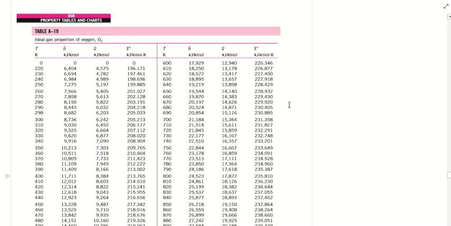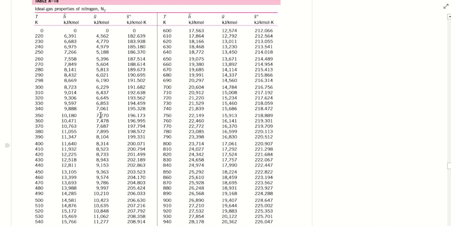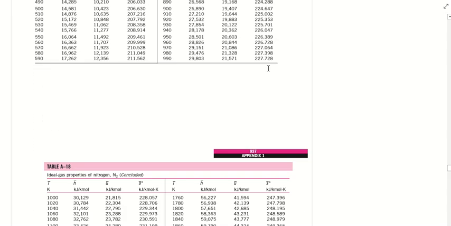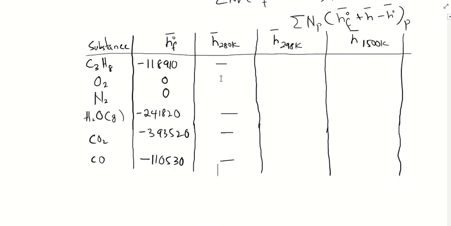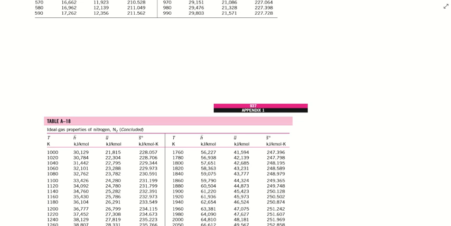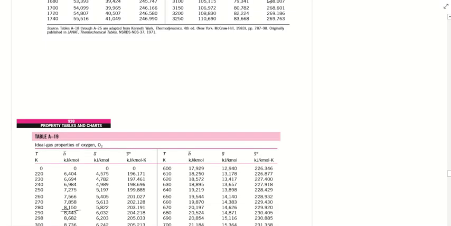This one is table A-19. So 280 Kelvin is 8150. And then for nitrogen, 280 Kelvin is 8151. So we put those values into the table.